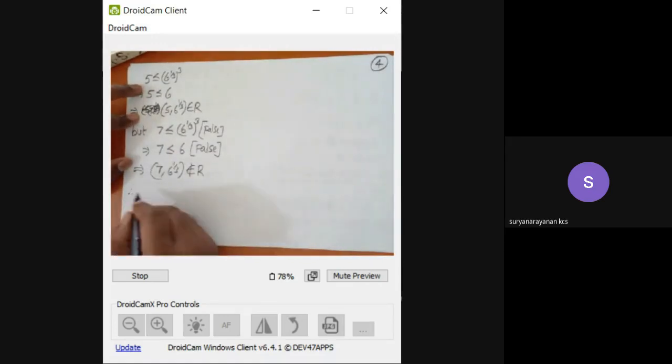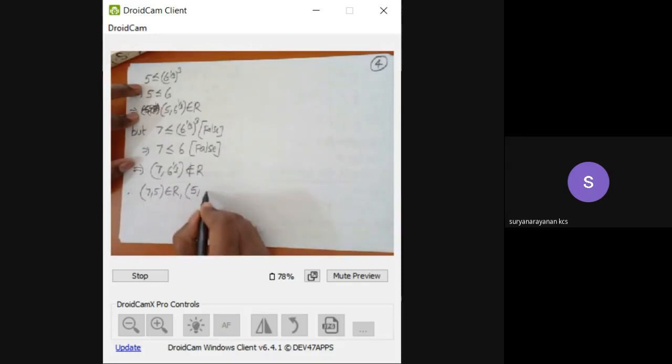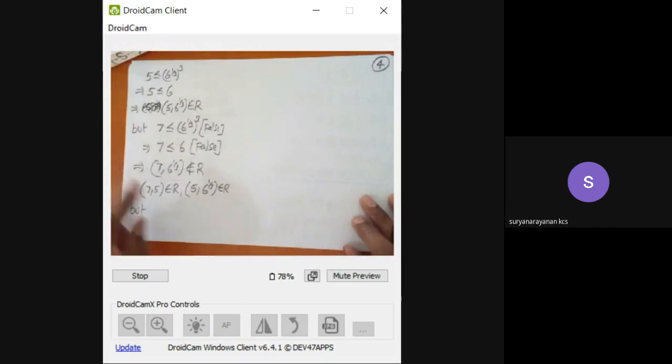Therefore, here 7 comma 5 belongs to R. 5 comma 6 power 1 by 3 belongs to R. If you observe, these two are link ordered pairs. Yes or no? 7 comma 5 and 5 comma 6 power 1 by 3.